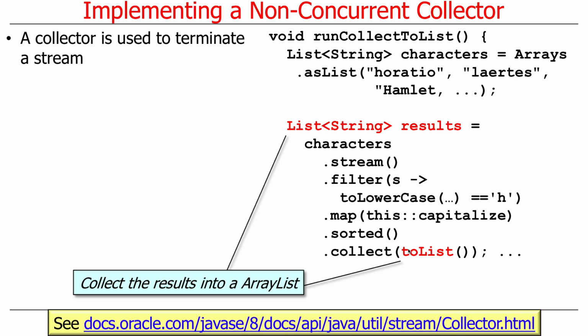And then they generate results, they generate elements in the stream, and then the collector, which is the thing shown in red, the object returned by the toList factory method, will then accumulate all those elements and return some kind of collection. In this case, it was a list of strings, but it could be a set or a map or whatever. It all depends what you tell it to do.